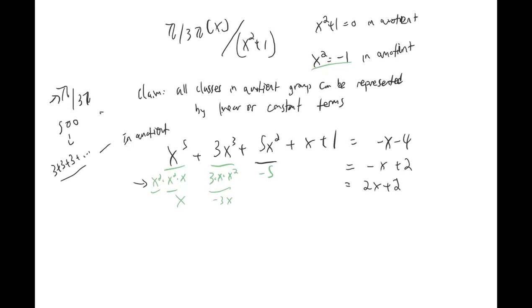In this case, it's 3 times 166 plus 2. But 3 is 0, so this thing goes away, and then it's just 2.